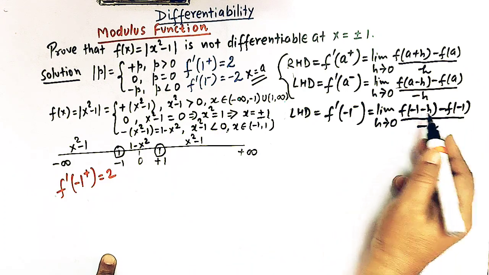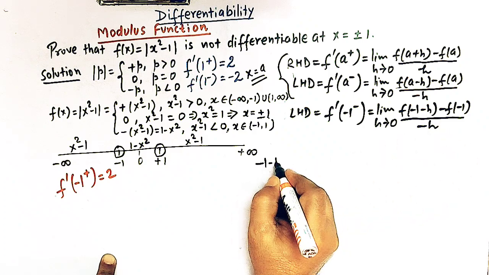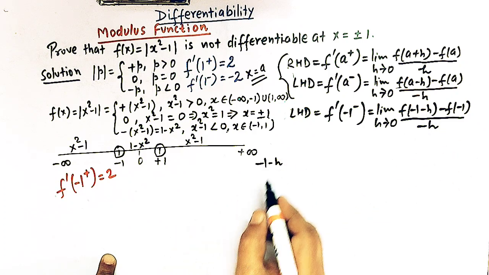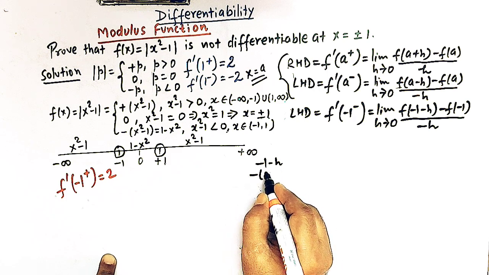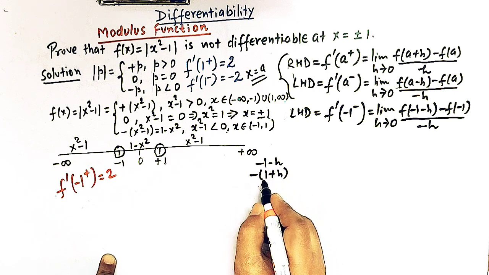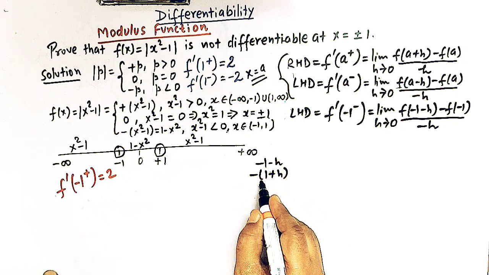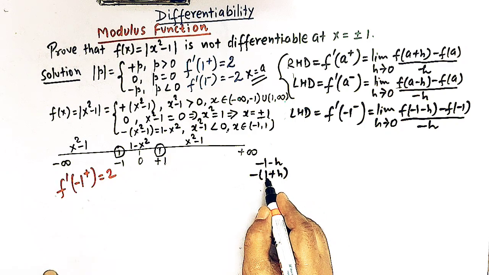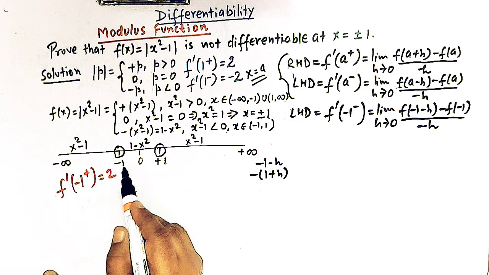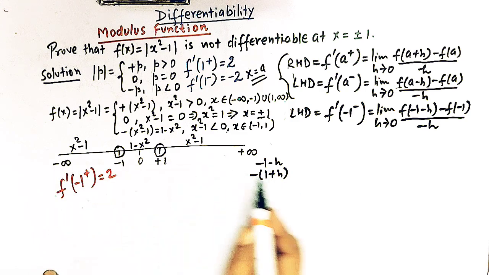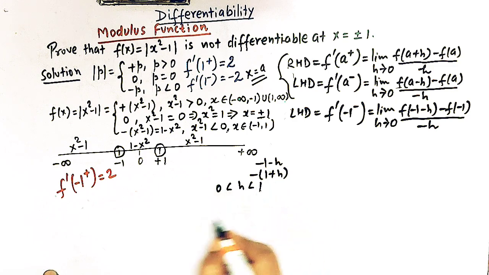Now see, here we have minus 1 and minus 1 minus h, right? Now this expression can also be written as minus 1 plus h, right? So here we have a negative sign, so it implies that minus 1 plus h lies between minus infinity and minus 1, because see, h is greater than 0 but less than 1.